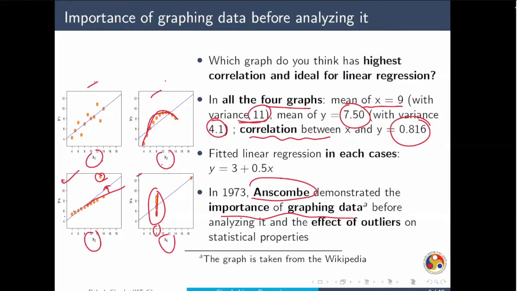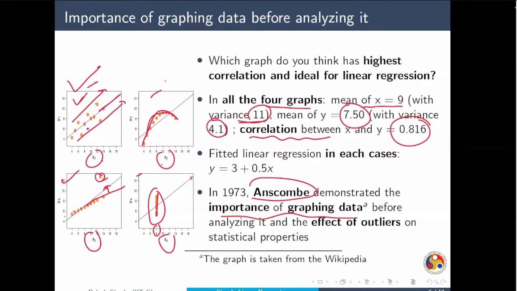But here, this is the perfect one. I see that these points have an increasing trend, and when I fit this line, the points are randomly distributed in the upper half and the lower half of that particular line. So this is the best graph among these 4, which is most suitable for linear regression, the simple linear regression that we study.